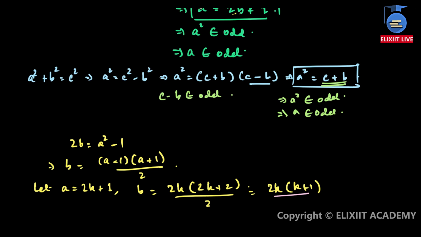Clear? Which means that this particular thing is divisible by 2, and 2 into 2 is 4, a multiple of 4, so this is of the form 4 lambda or 4K, whatever you call this. Quite basic explanation I am giving. No use of theorems, just basic logic.